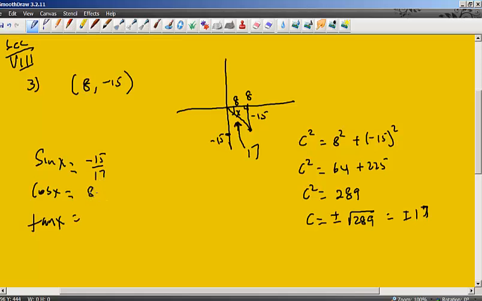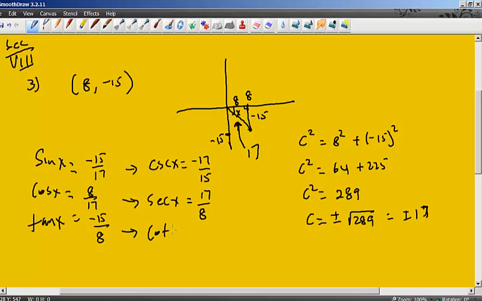Cosine is adjacent over hypotenuse, and tangent is opposite over adjacent. Now the next thing we're going to find is cosecant of x, which is negative 17 over 15, then secant of x, which is 17 over 8, and then cotangent of x, which is negative 8 over 15.